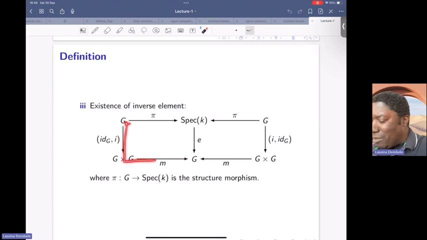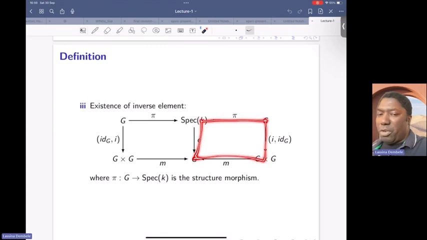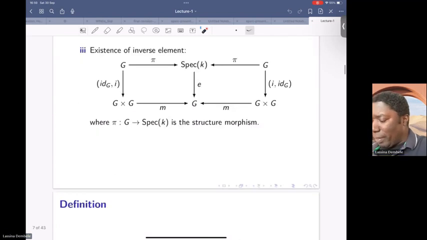So if I take the element and multiply by its inverse, what I recover is the identity element here. So that would be the multiplication to the left by the inverse, and this part of the diagram is the multiplication to the right by the inverse, and in either case, you recover the identity element. So having these three properties gives us what we call an algebraic group.